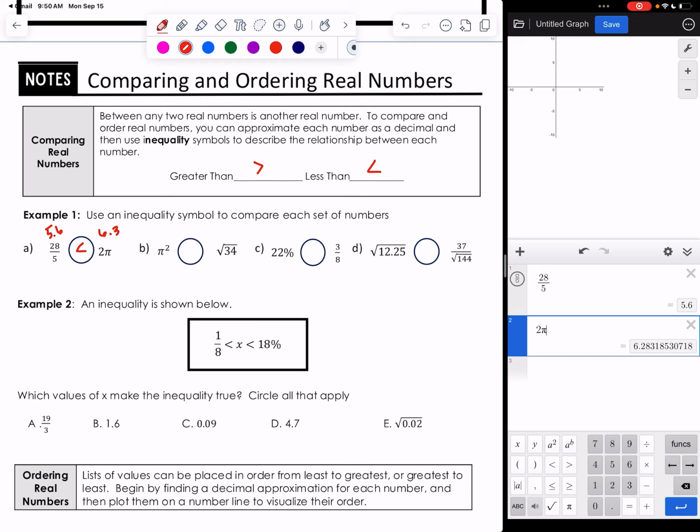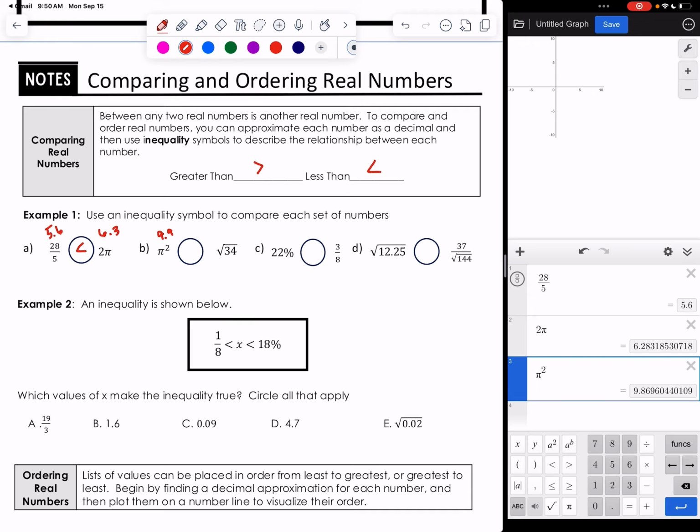So 28 over 5 is less than 2 pi. All right, our next problem, we have pi squared compared to square root 34. Again, I'll begin by using my calculator to get a decimal approximation. Now I'm going to have to round this, 9.86960, because it's an irrational number. So I'm going to round it to 9.9.